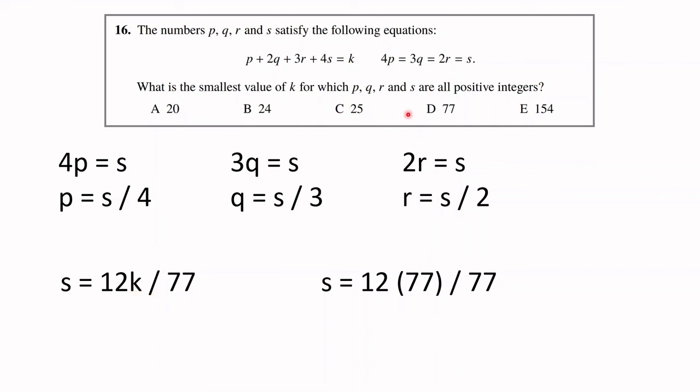What you really want is a number where you sub it in and cancel out the top and the bottom of the fraction, leaving you with just 12, which is what you do here. Now, obviously, twice that also works for this question. It would give you a 2 here, giving you s equals 24, but of course you're looking for the smallest value of k. So the answer is actually 77.